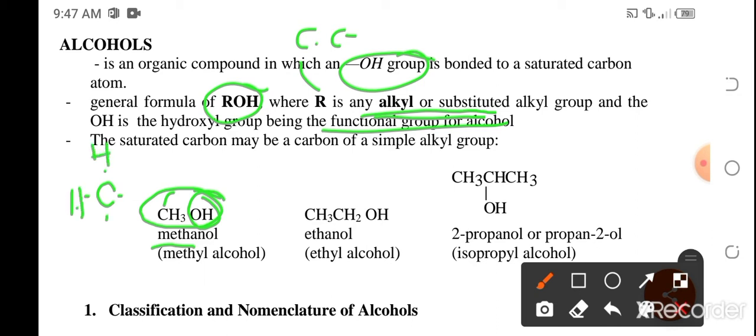That's the CH3, and one single bond is attached to the hydroxyl group. The hydroxyl group looks like this. The oxygen should meet the 2 bond requirement. It is attached to the carbon atom and to the hydrogen, and of course the hydrogen will only have a 1 bond requirement.